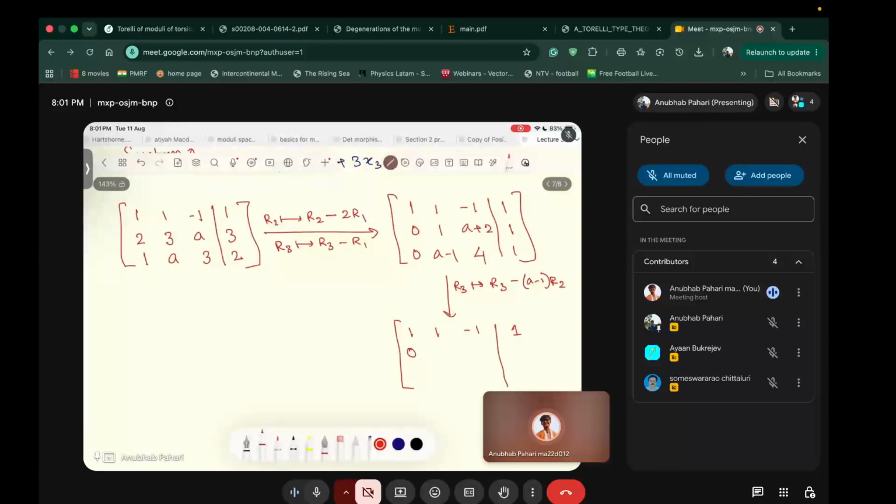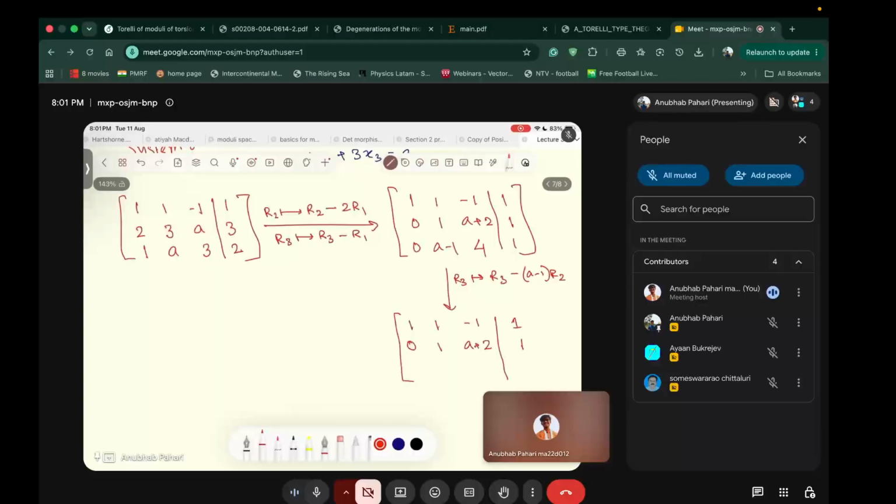Also the second one will be fixed, 1 and a plus 2, 1, but the third one will change. The third one will be 0, and you subtract a minus 1 minus a minus 1, so it will be 0, and it will be 4 minus a minus 1 into a plus 2, right?